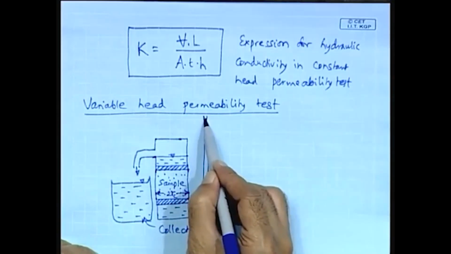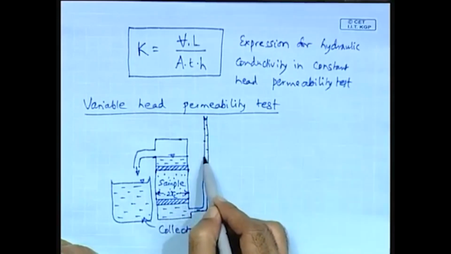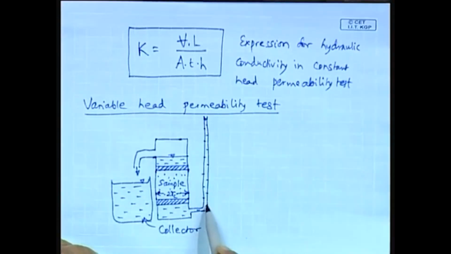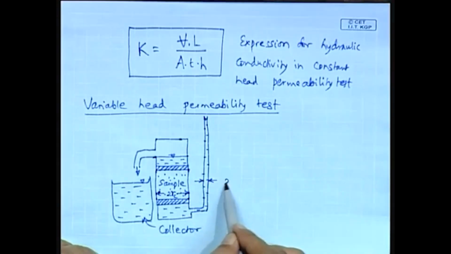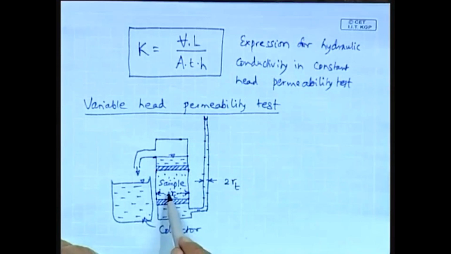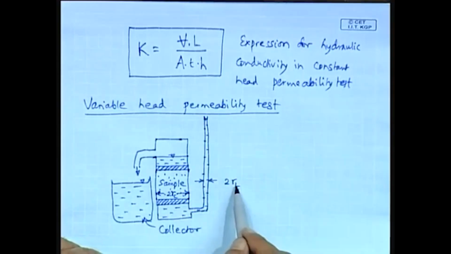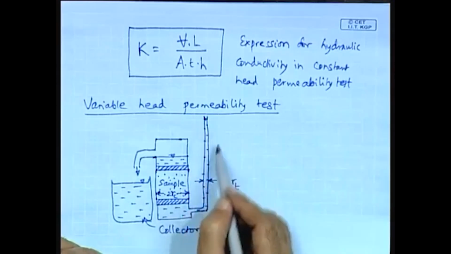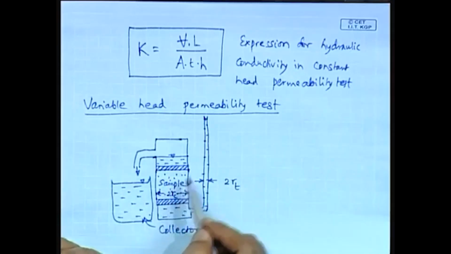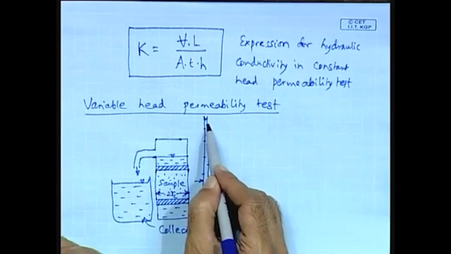And this is the supply side circular tube with the diameter equal to 2 R t. 2 R c is the diameter of the circular sample, and 2 R t is the diameter of this pipe which supplies the water for flow through the soil or rock sample.